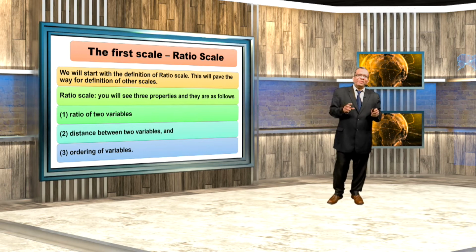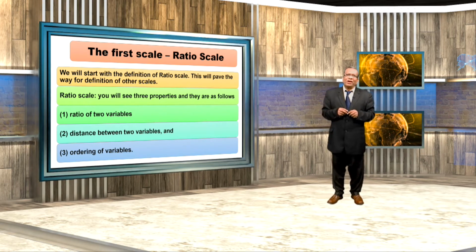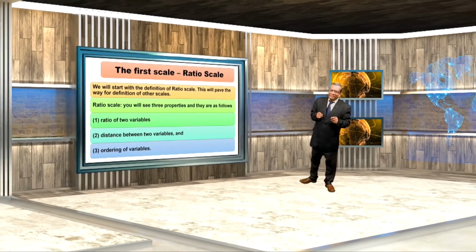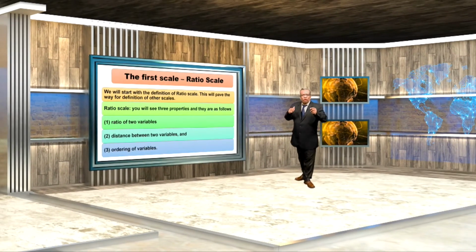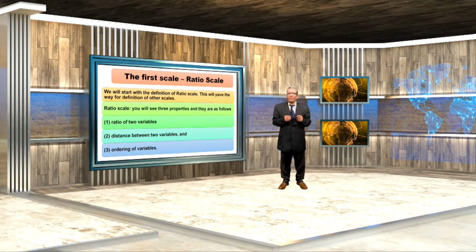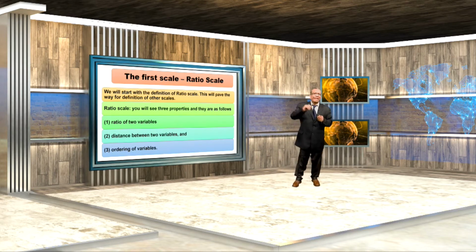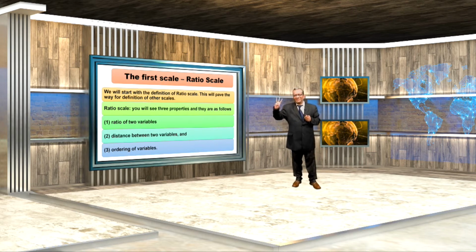Now let us take the first scale, ratio scale. One important thing is, in order to define them, we will take a mathematical dimension as given by Professor Damodar Gujarati, who has written the famous book on econometrics. The ratio scale needs to satisfy three properties.